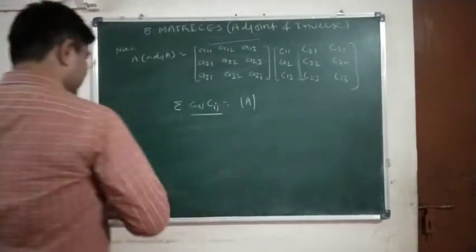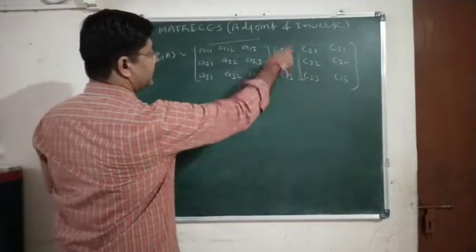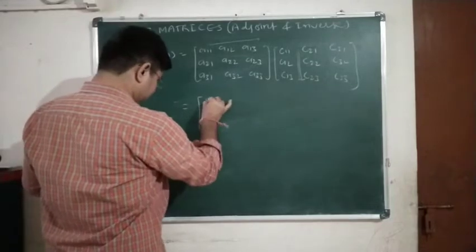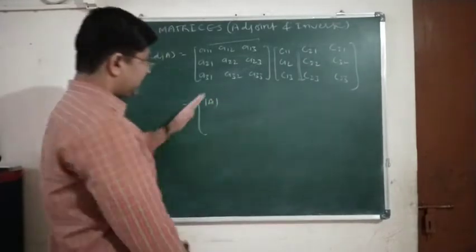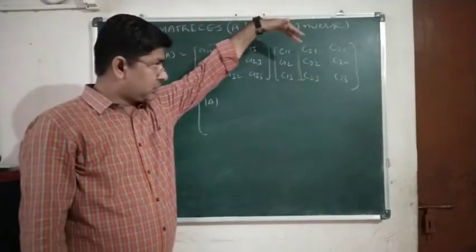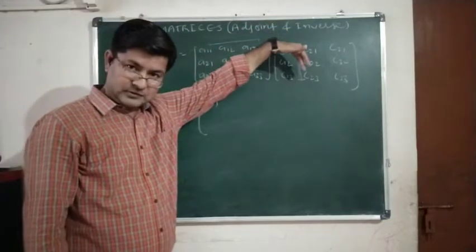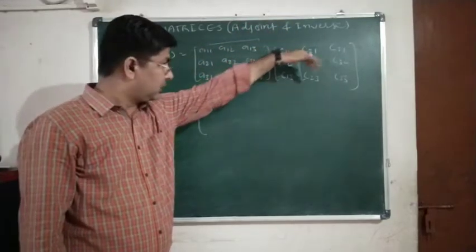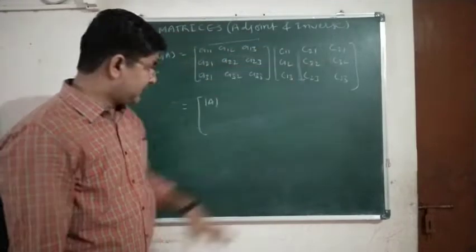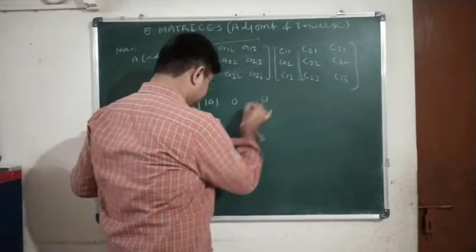So obviously when you multiply the first row with the first column, you are going to get the determinant of A. Now when you multiply each element with the corresponding cofactors of some other row or column, say first row, second column, it will be 0 only. Clear?